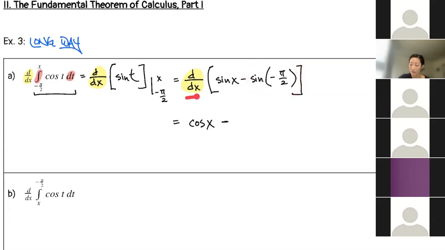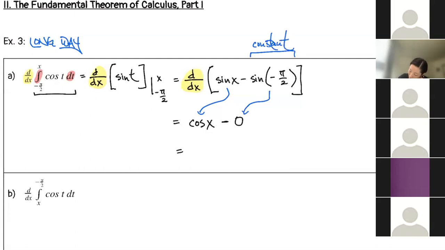So I'm asking you to find the derivative of a number. I mean, a gross looking number, but a number. What is that derivative? 0, yes. So the derivative of sine became cosine, and because this is a constant, the derivative of that constant is 0.